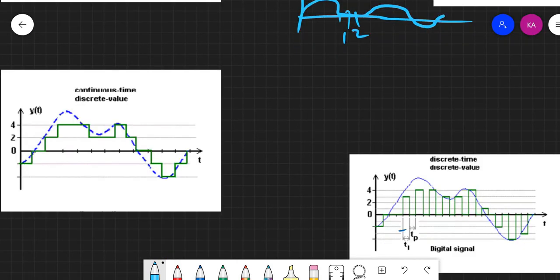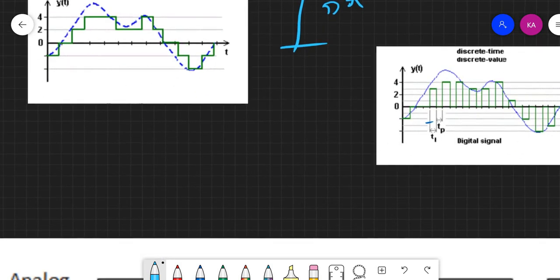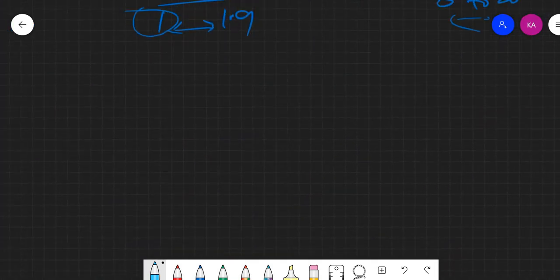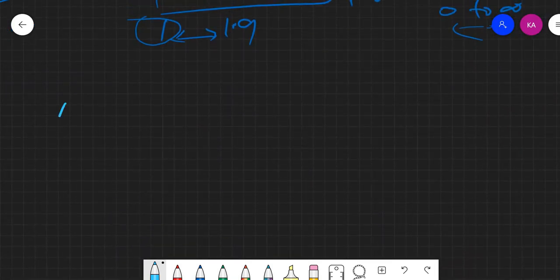Now let's come to the continuous y-axis. Is this continuous or discrete? How can you say continuous and discrete amplitude? This is a very difficult type of question. Let's say we have some signal.